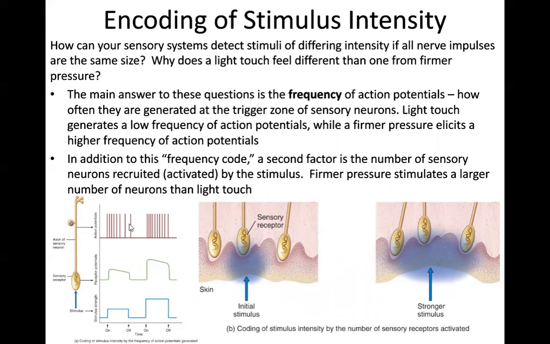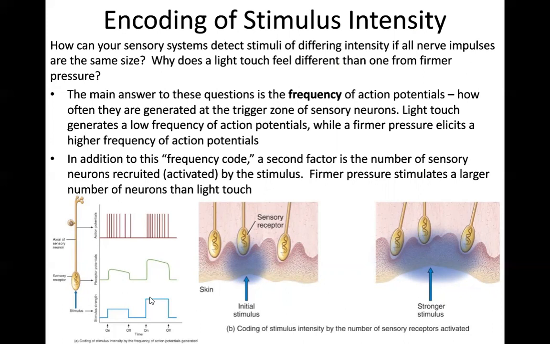But here they were really spread apart compared to here. The more often you send an action potential is a direct result of how much of a stimulus strength there was in the first place.